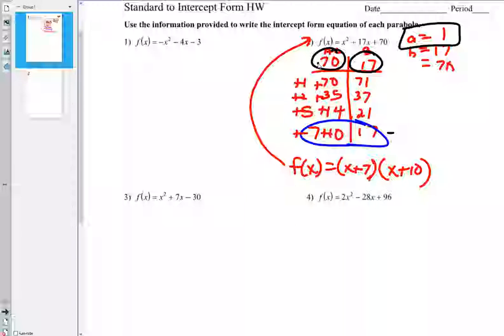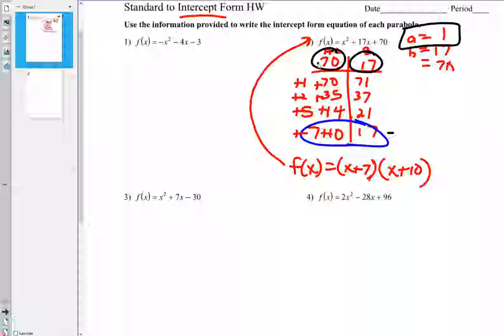Just factor. How could this be used to graph? We're not going to graph today, but if you wanted to, how could you use this information to help you? This reveals the x-intercepts. The reason they call it intercept form is that it tells you where we're going to cross the x-axis. If you were to make each one of these factors equal to 0, what you solve for would be the x-intercepts.